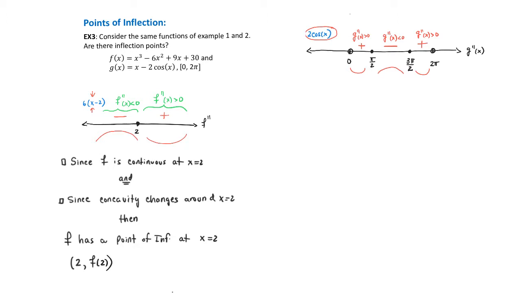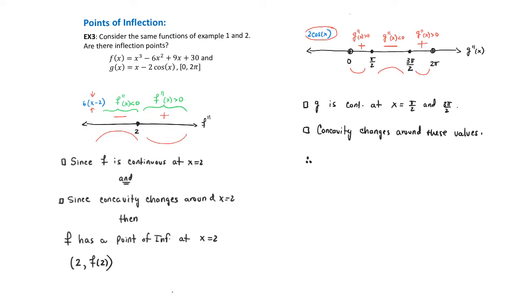So then again, we know that in this case, g is continuous at x equals pi over 2 and 3 pi over 2. Second of all, we know that concavity changes around these values. It does. We can see it above. What is the conclusion?